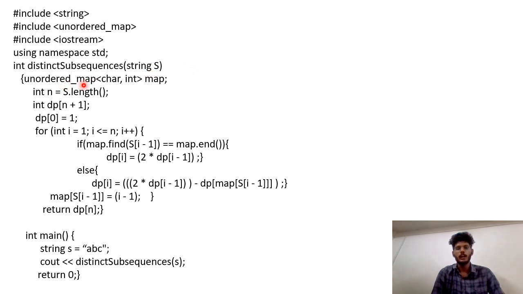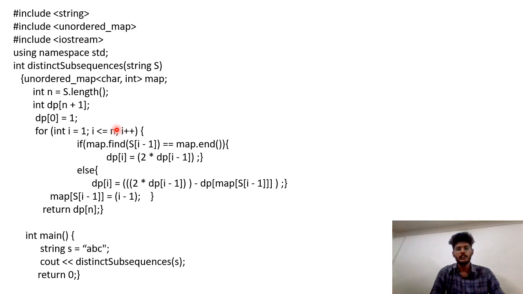So we use a map so that there won't be any duplicates, and we consider the latest one. We take the length of the string and create an array. Initially, we take dp[0] as 1, because if there is no character, there is a substring, which is the empty string.